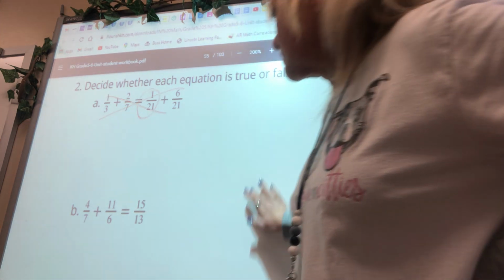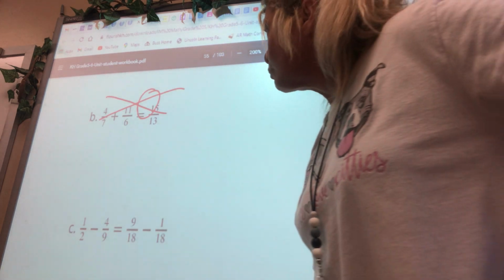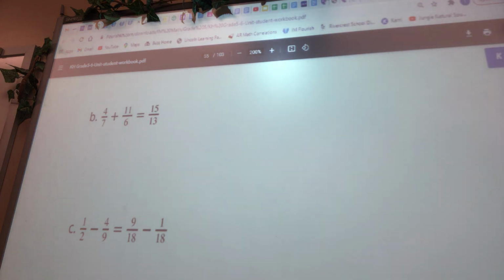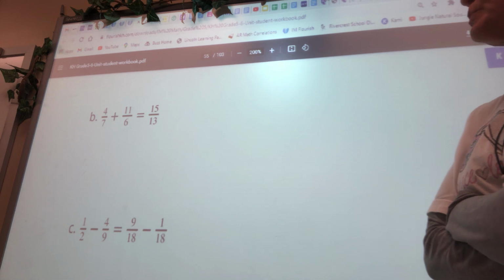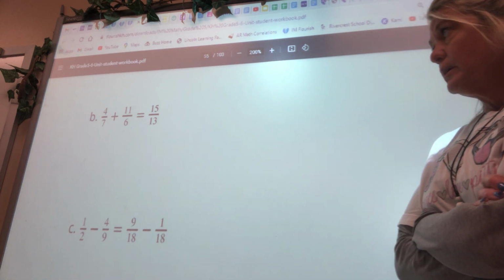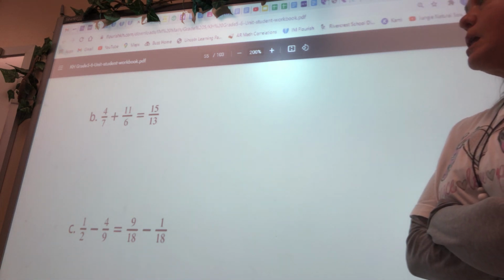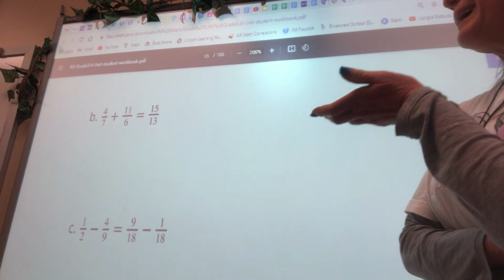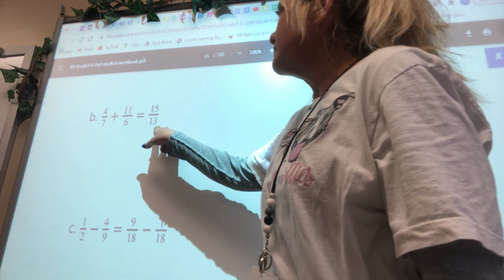All right. Let's look at this one. What did they do here? They added the denominators, and that's okay, isn't it? We're not supposed to add the denominators, and that's what they did, didn't they?